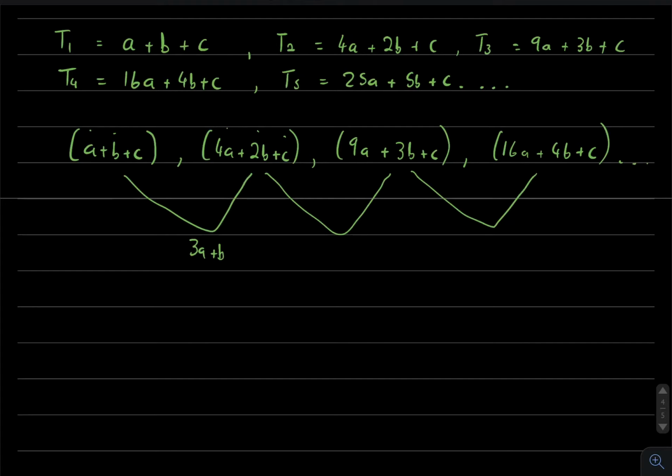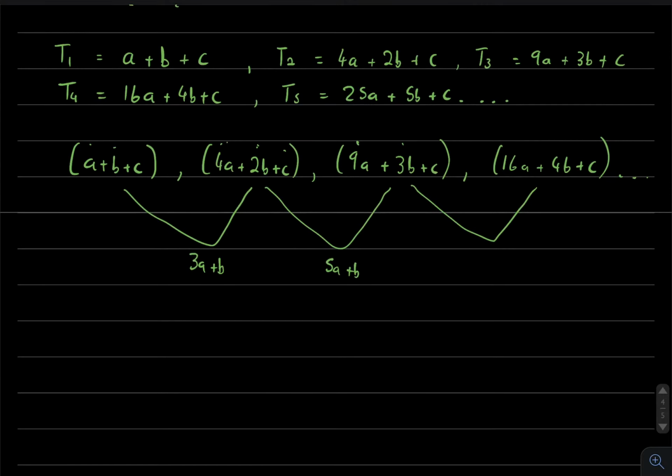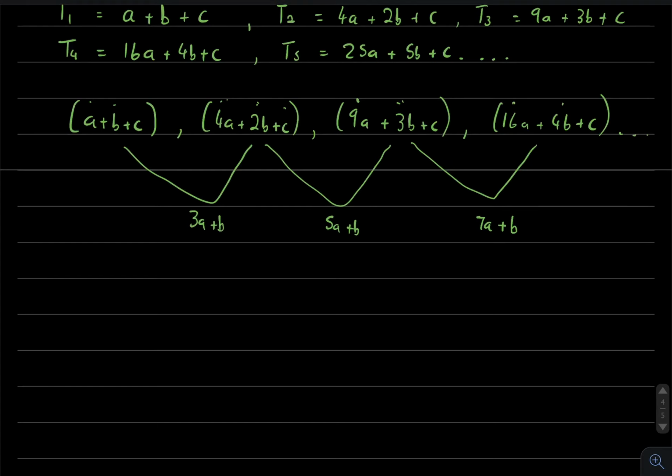We move on to the second one. 9a minus 4a, that's 5a, 3b minus 2b, that's b, then c minus c is 0. We have 16a minus 9a, in this case that's 7a. We have 4b minus 3b, which is b, c minus c, which is 0.